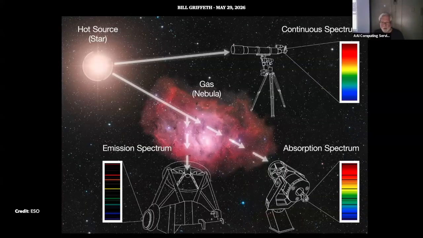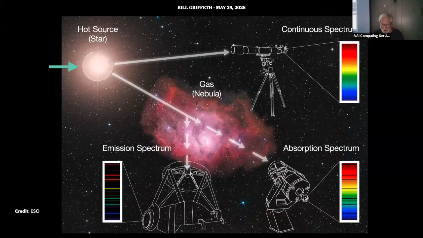We learn in high school science that white light is composed of many colors, from red to violet, which can be separated by a spectrograph using a prism or a diffraction grating. When we point a telescope with a spectrograph at an idealized, very hot object, the spectrograph would record a continuous spectrum of colors.